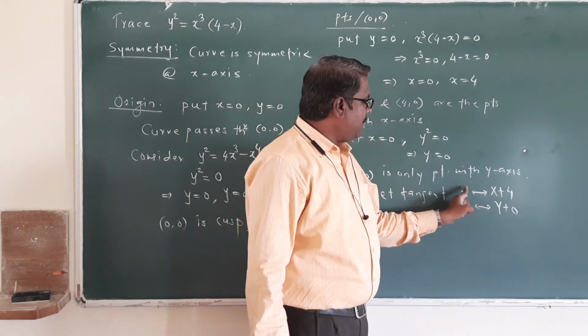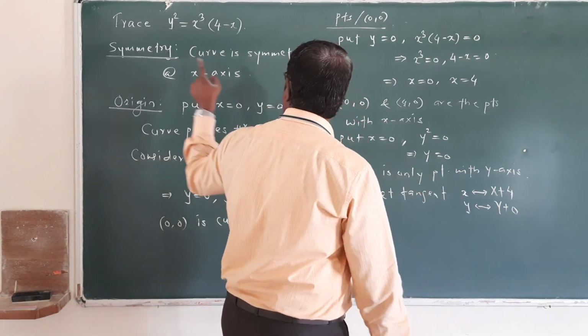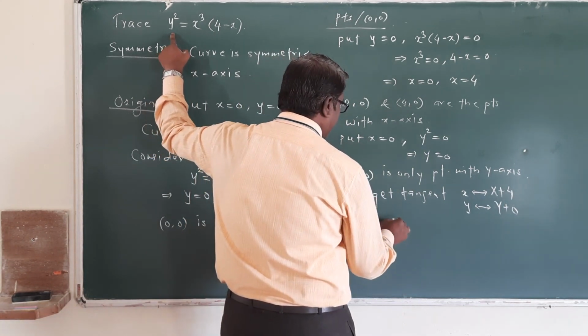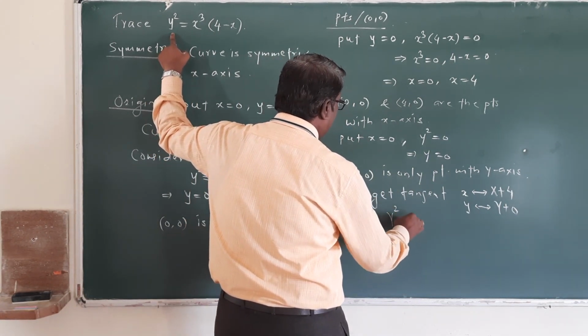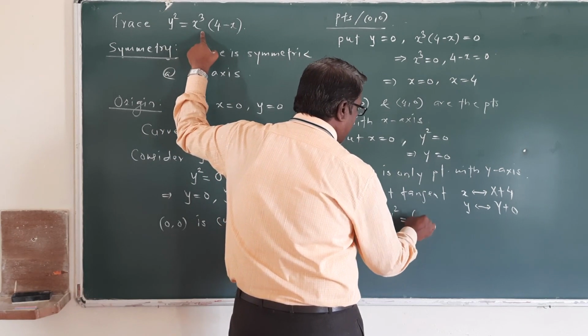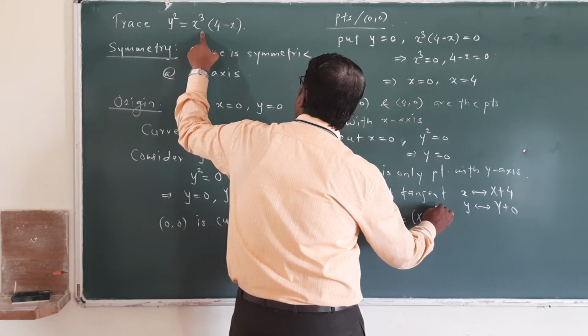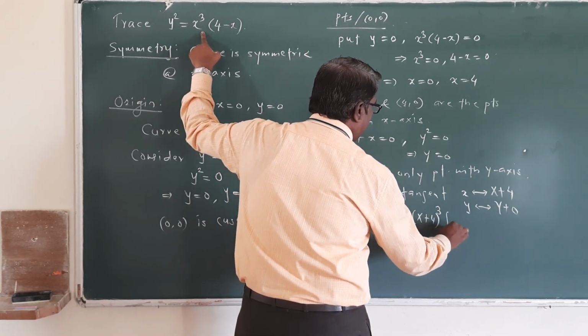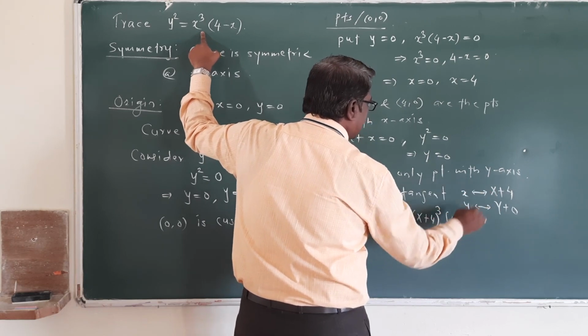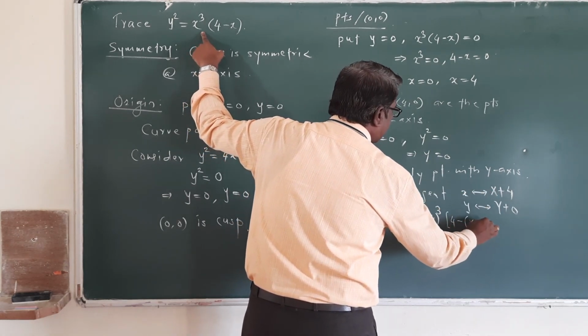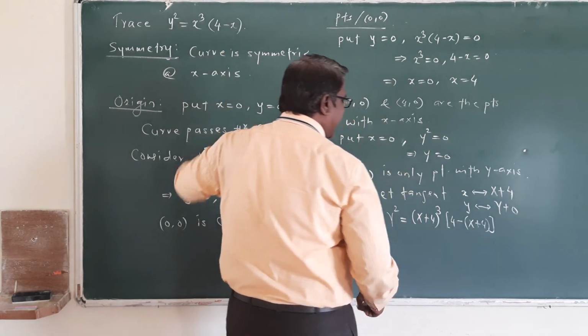And when I replace these values in the given equation, what will we get? Capital Y square is equal to, here X plus 4 bracket cube and in bracket 4 minus x, so it will be X plus 4 and then bracket complete.